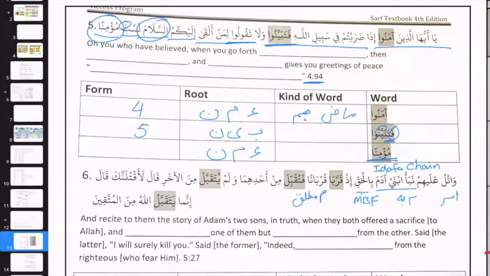Okay, so fatabayyanu, this is a command. Allah subhanahu wa ta'ala is telling them that you need to investigate before you attack or before you do harm to anyone. We cannot just jump to a conclusion or make our own decision, but we need to investigate before we take any action.